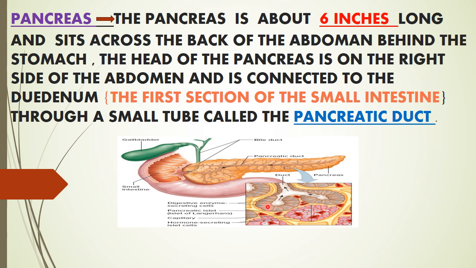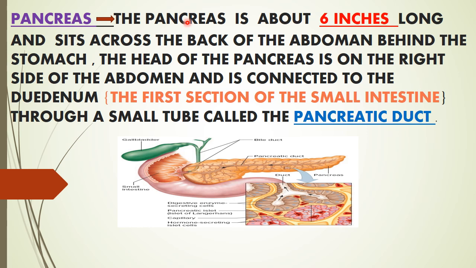Digestive enzymes are secreted by these cells, and these enzymes reach the small intestine. And this is a capillary you can see on your screen, with hormone-secreting islet cells.